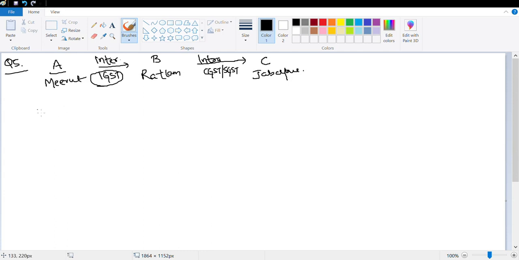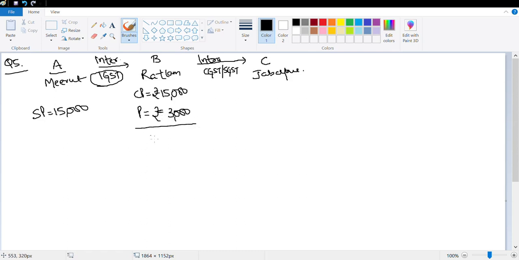So he had sold it at Meerut for 15,000, which means the cost price at Ratlam was rupees 15,000. Again, we don't calculate tax, we don't add tax when we are calculating the CP. The profit that this guy made at Ratlam was rupees 3,000.